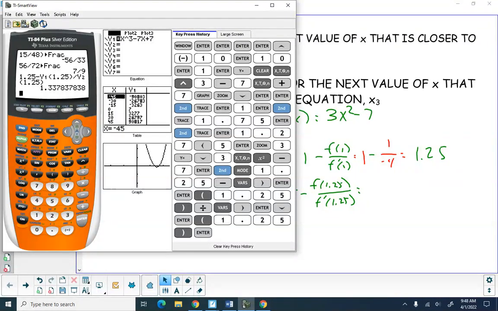You get 1.337837838. What I'm going to ask you to do is continue to write these values down. You want to write out the entire decimal, because we're going to do this until we start repeating.